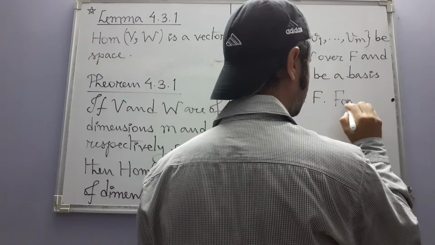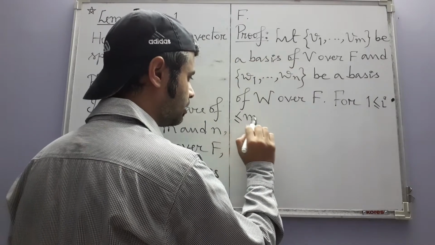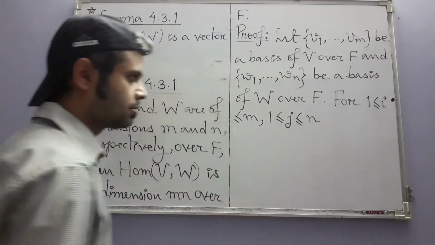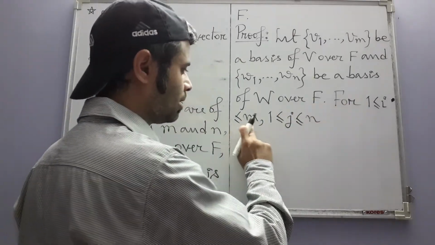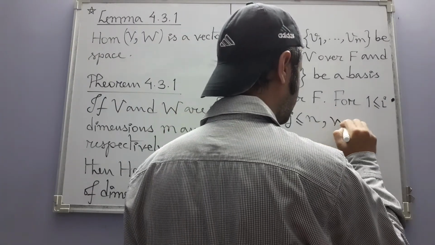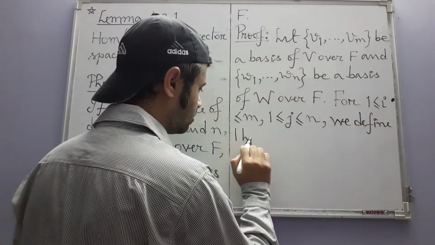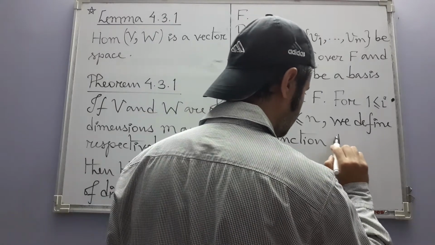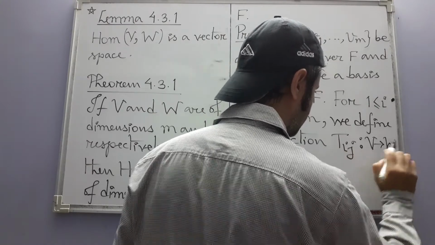For indices i and j which vary like this, that is, i and j are integers independent of each other, and i can vary from 1 through m, j can vary from 1 through n, we define the function Tij from V into W as follows.